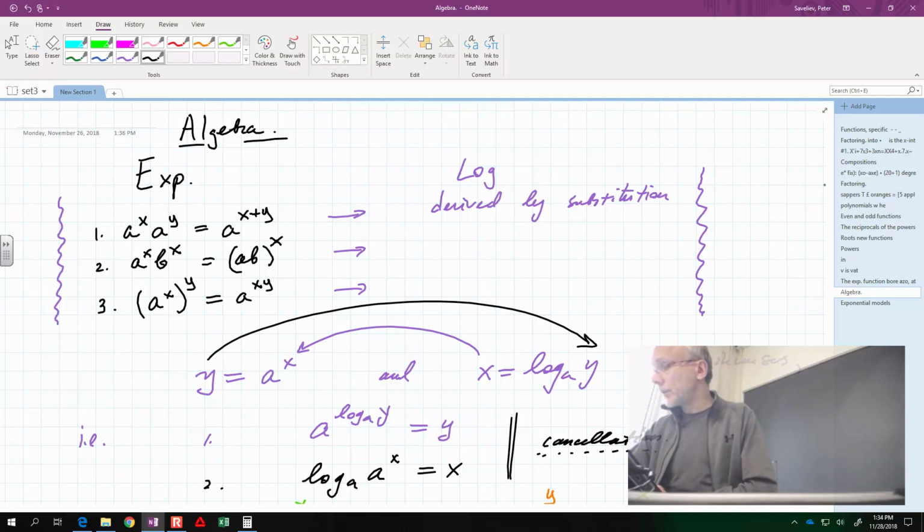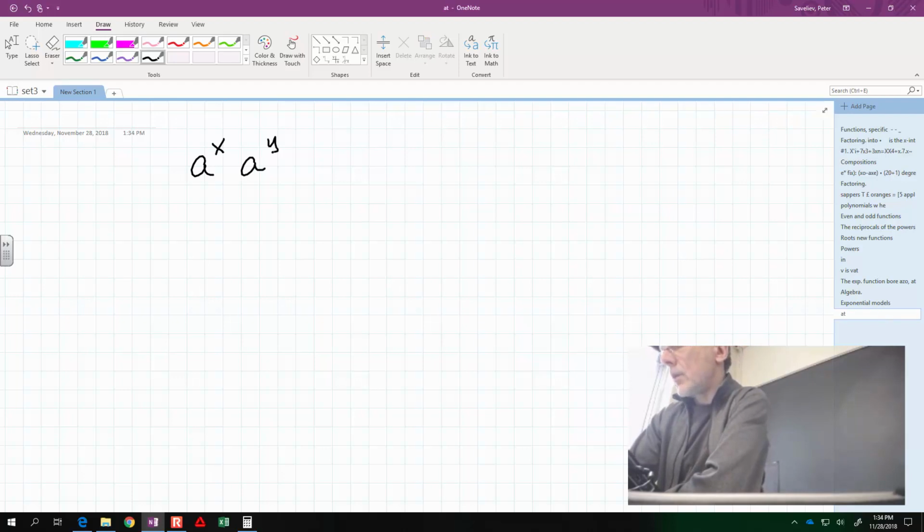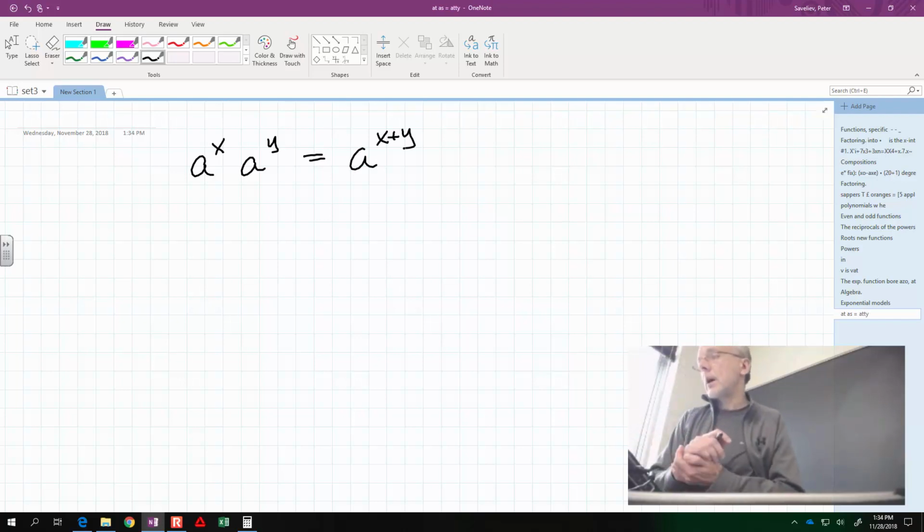Okay, so let me take the first one. a^x times a^y is equal to a^(x+y). So that's the basic property of the exponent.